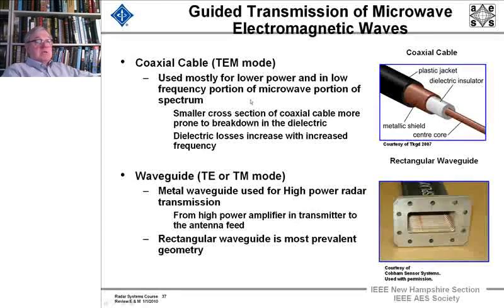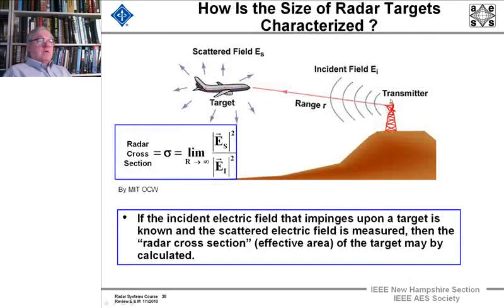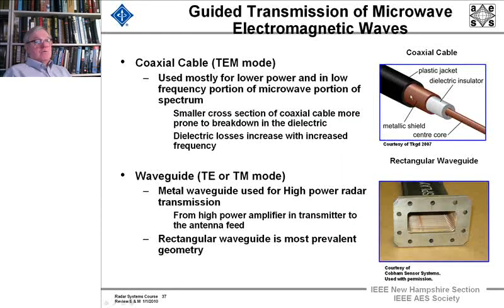But it can bend easily. You have a center core conductor and a dielectric insulator which separates the outer coaxial conductor, which is a shield, and over it a plastic jacket that protects the coaxial line from the elements.